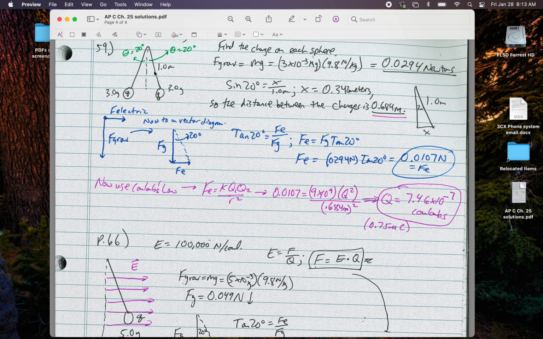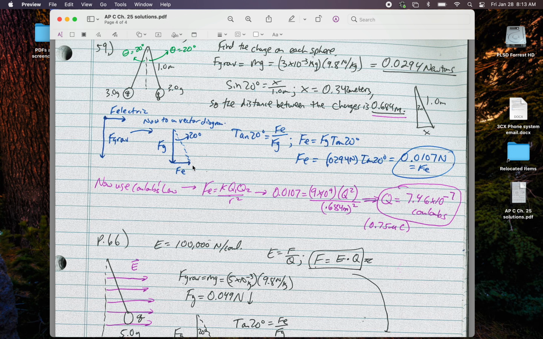I can figure out the distance between these two also using trig. So this distance to here, or I guess I showed it better over here, is 0.342 meters. So the distance between both these charges is 0.684 meters.